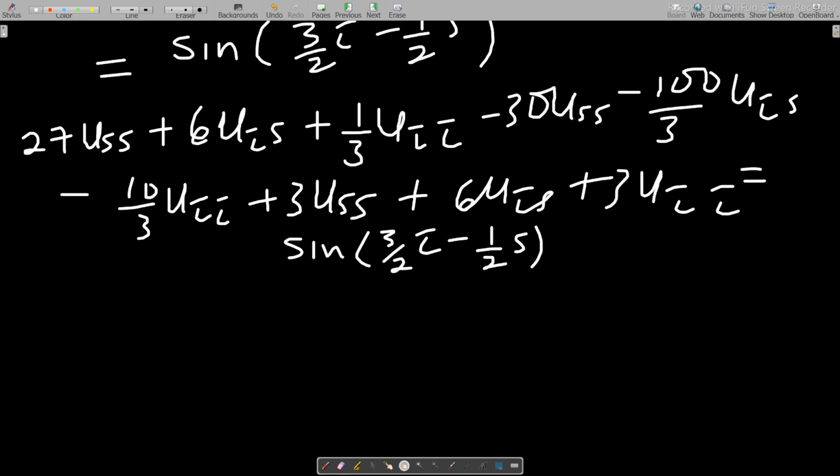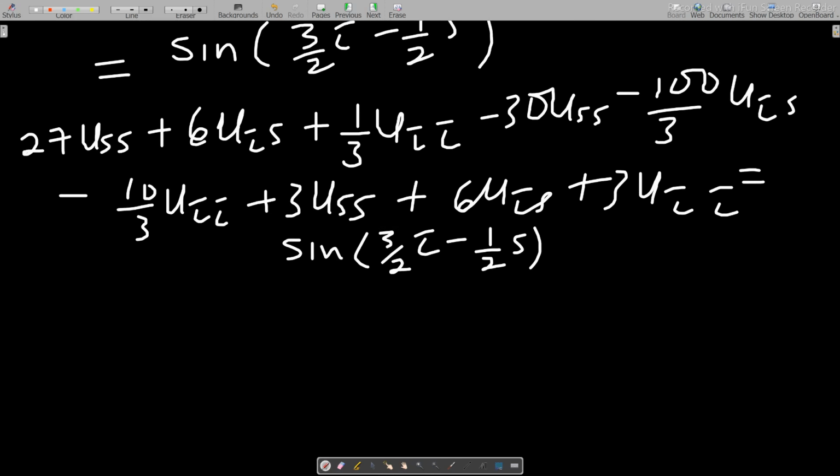Let's look at how we can cancel some of the terms out. You could see that we have 27U_SS plus 3U_SS becomes 30, so they will cancel this negative 30U_SS. Very, very simple. Now if you add this 1 over 3 U_tau tau plus 3U_tau tau, it becomes 10 over 3 U_tau tau, and they will all cancel negative that.